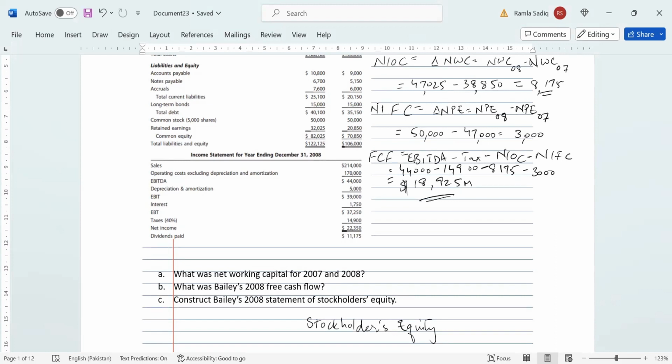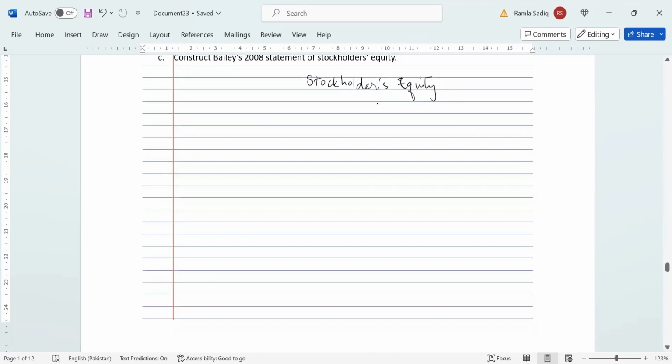The first thing that we want to do is calculate our common equity. To calculate our stockholders' equity, we start with our beginning equity, specifically beginning common equity. This is the equity from 2007.